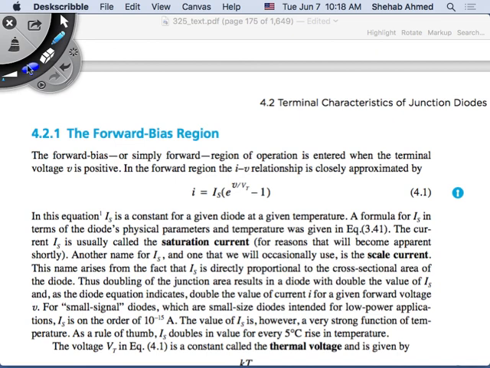That's fine. And we will see that this current depends on V over VT. VT, if you remember, is the thermal voltage that we talked about quite a while ago, and it depends on the diffusivity of the charge versus the mobility of the charge.